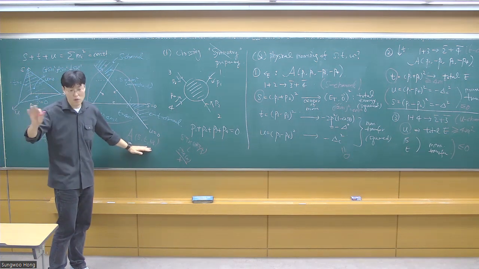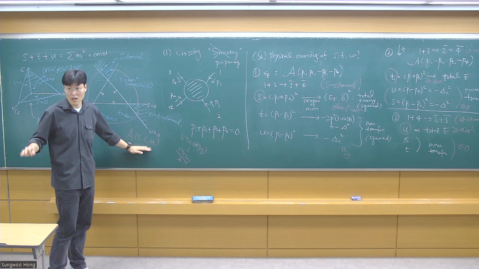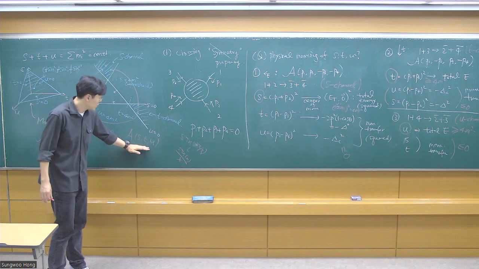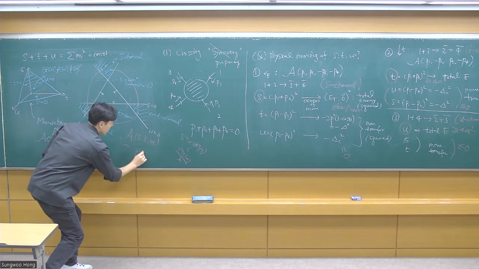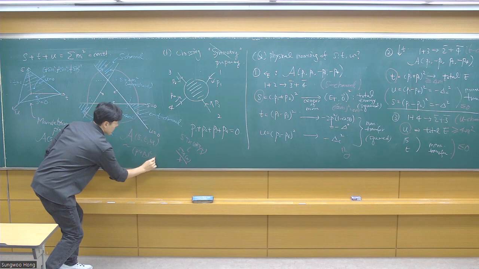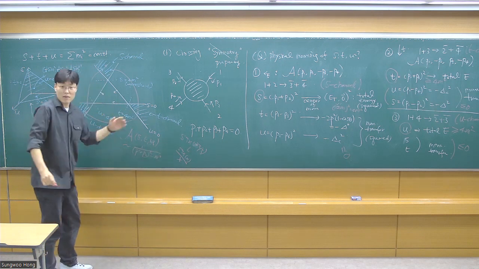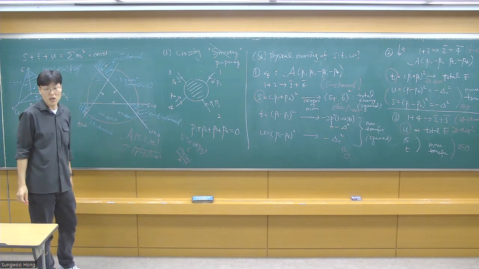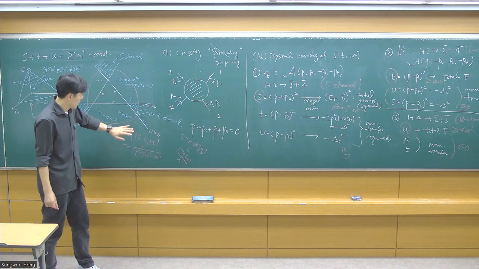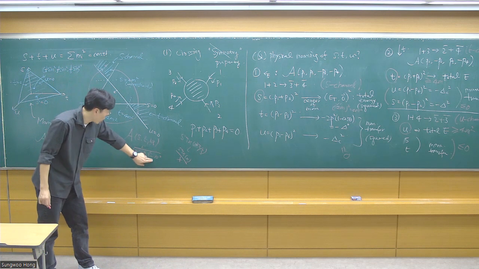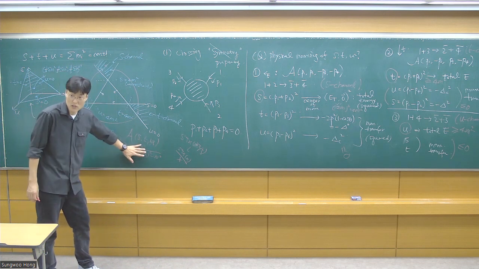We haven't gone through the branch curve story at all, which we need the loop diagrams. But anyway, for now, you can view this as a function. Remember, the characteristic of this function looks like P1 plus P2 squared minus M squared I, something like that, right? We haven't looked at all these kinds of functions so far. This is a function with a pole, right? So this is an analytic function other than poles. Those are called meromorphic functions.